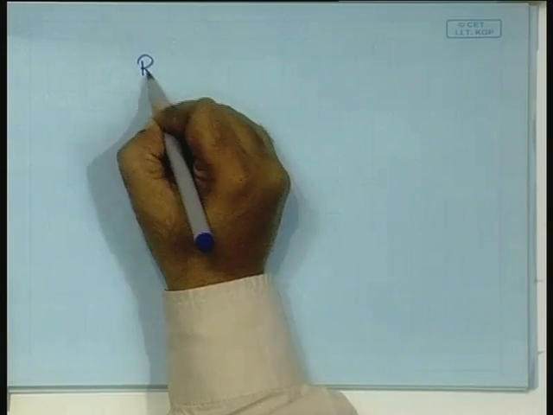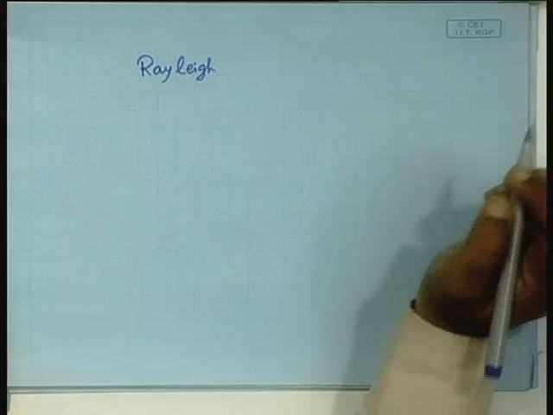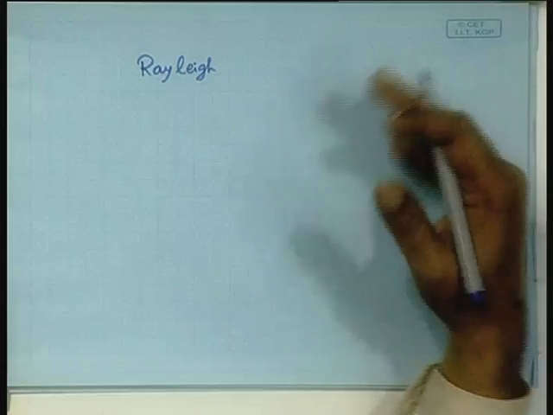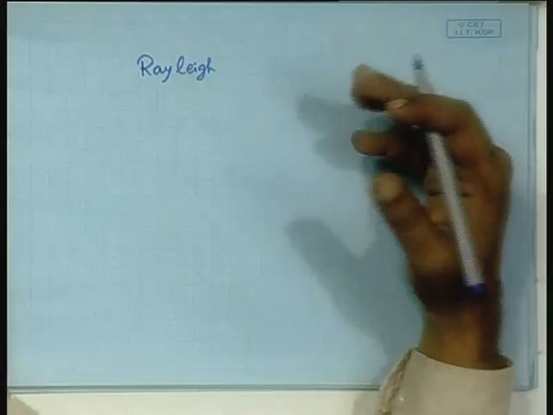Rayleigh proposed that this can be done by defining a new type of potential which is obviously velocity dependent.